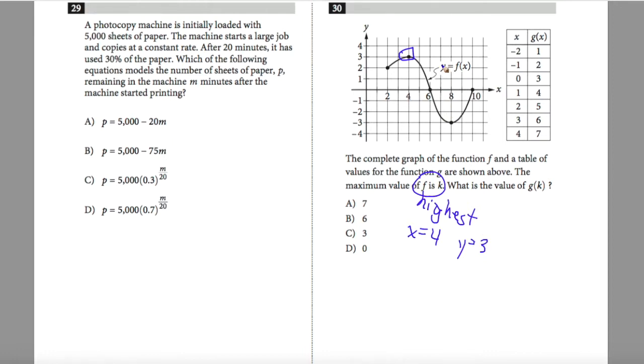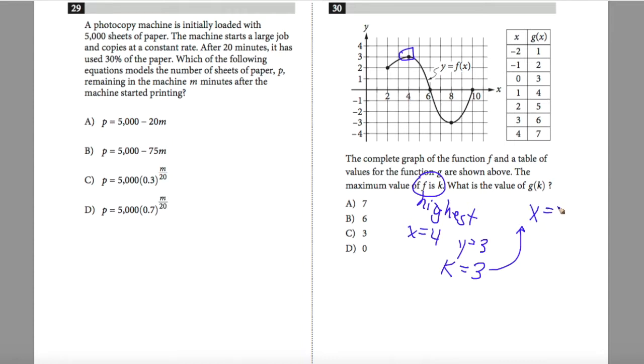If f is k, then k is going to be equal to the 3 that we're mentioning, and then I'm going to plug this into my other set of values.